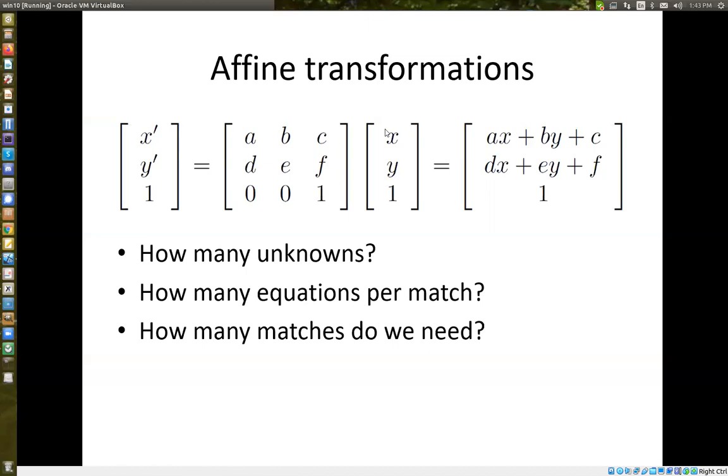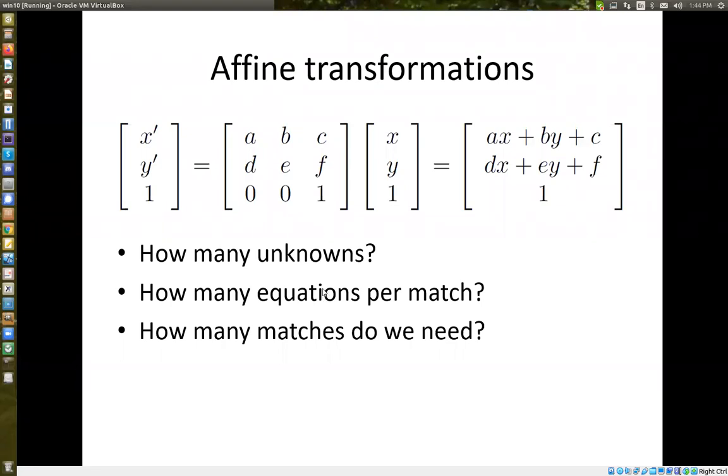Oftentimes we look at an equation and assume x, y are variables, but in this case, a, b, c, d, e, f are the unknowns. I'm given x, y and x', y'. For each pair (x, y) and (x', y'), I have one equation, x' equals ax plus by plus c, and another, y' equals dx plus ey plus f.